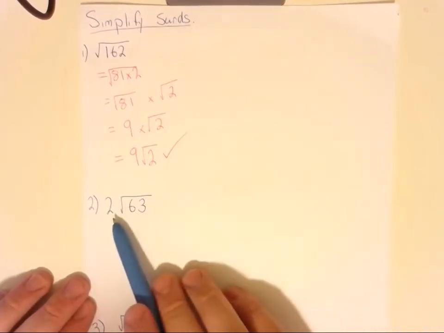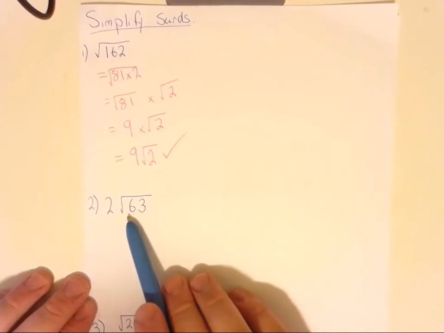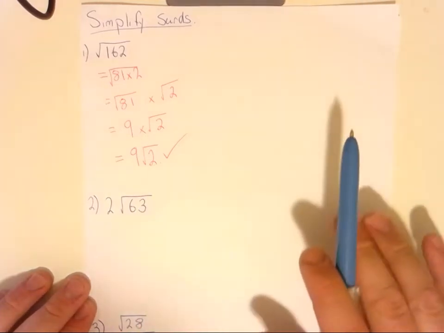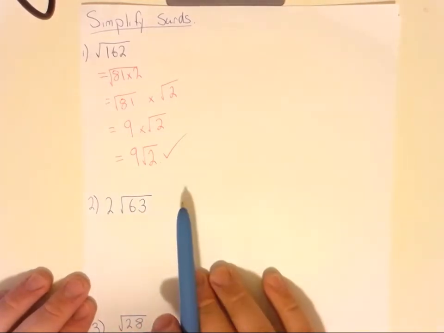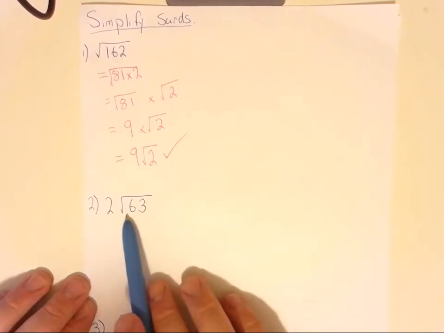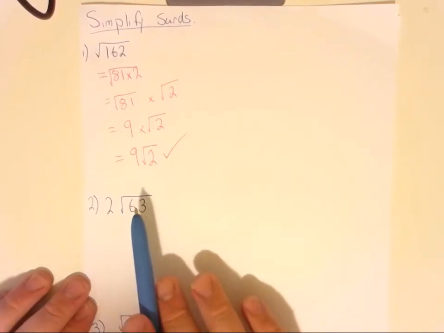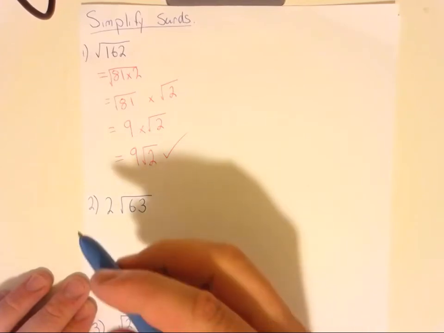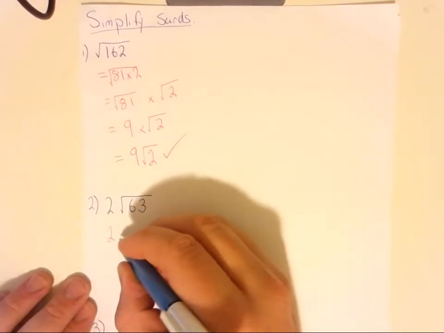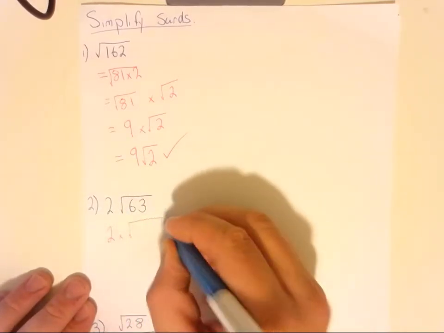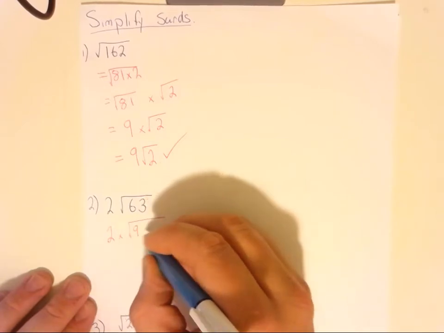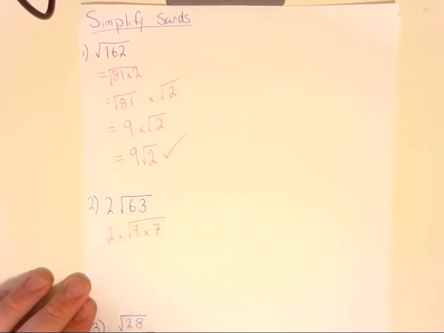Now, for this question, again, have your square numbers written down somewhere on your sheet of paper, and hopefully you'll be able to see that 7 times 9 equals 63. So I can then change this into 2 times the square root of 9 times 7.